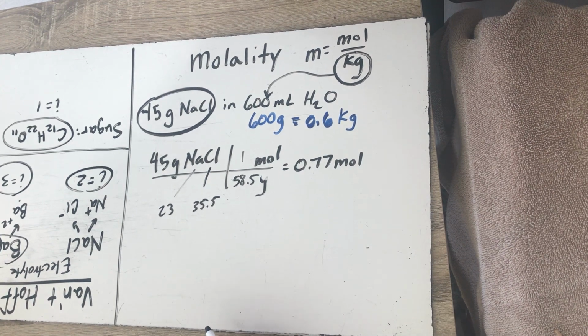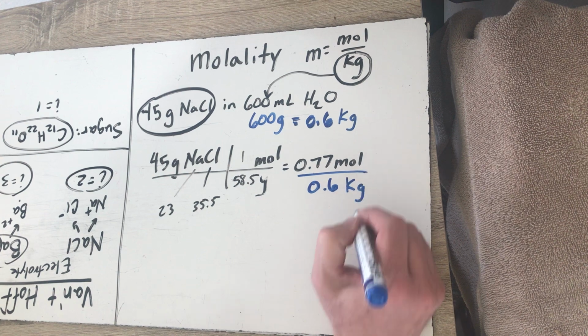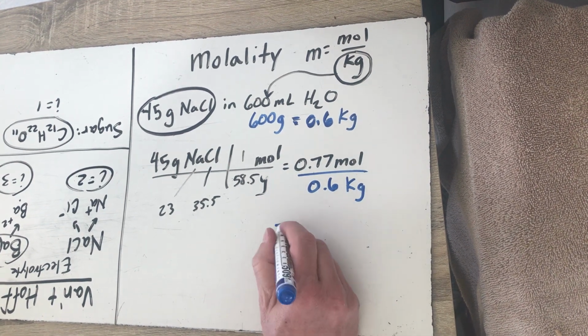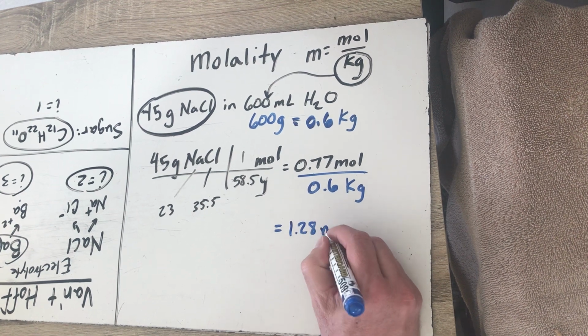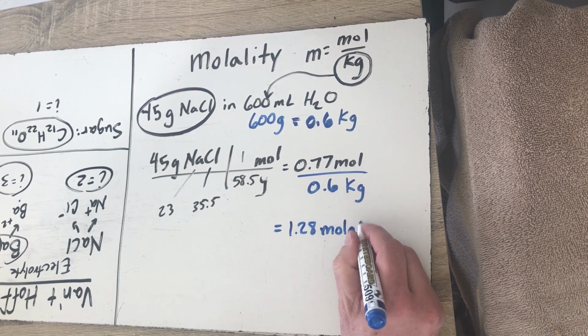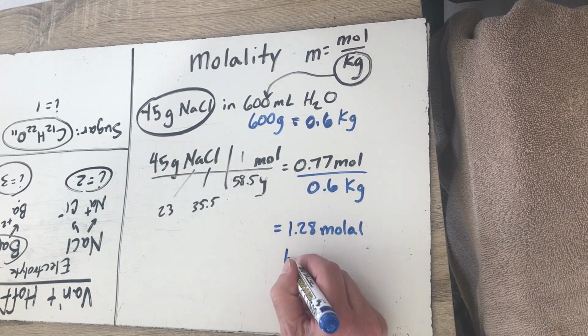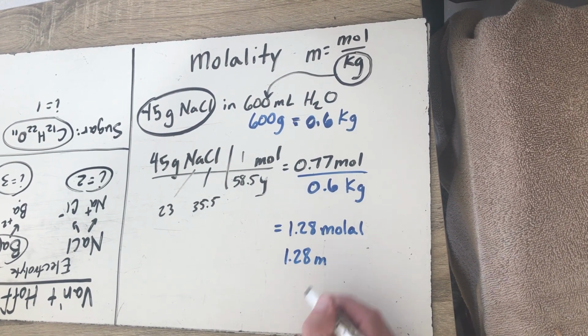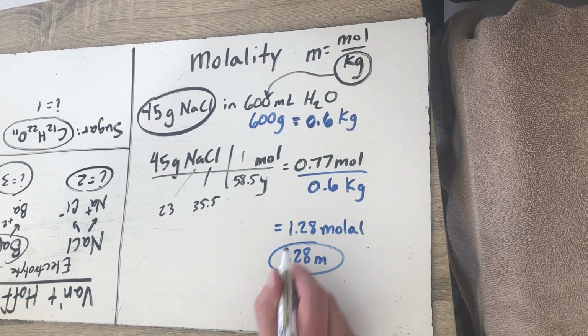So that's the units that I'm going to need. I'm going to divide this by 0.6 kilograms. And when I finally calculate that out, I get a value of 1.28, and it's a 1.28 molal solution. That sounds weird. The abbreviation here in chemistry is 1.28 with a lowercase m, and that represents molality instead of molarity.